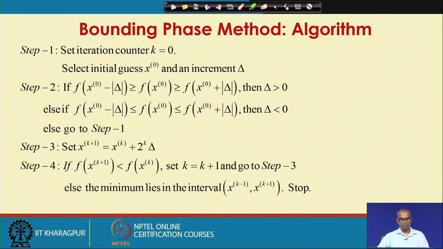But if the inequality sign is reversed, that means f of x 0 minus delta is less or equal to f of x 0, which is less or equal to f of x 0 plus delta, then we choose negative delta. We choose a negative value of delta. Otherwise, we go to step 1.